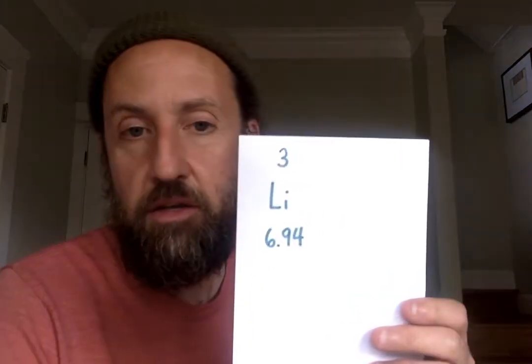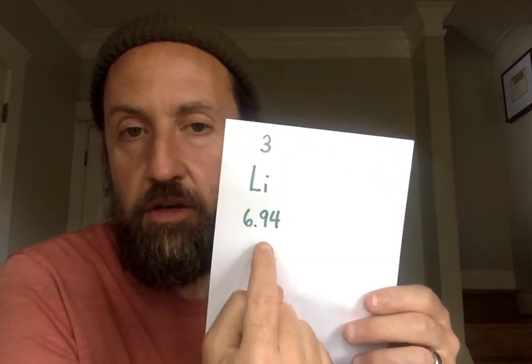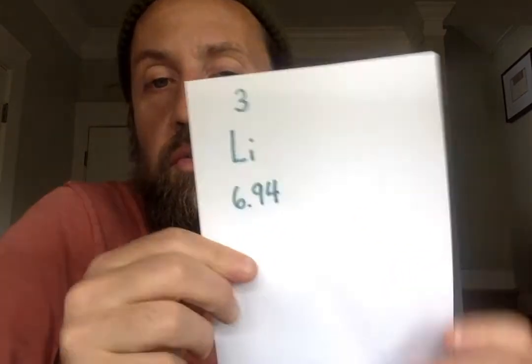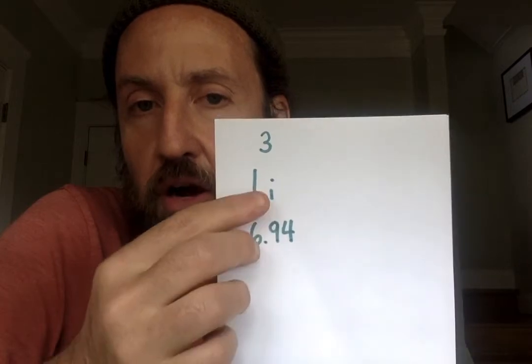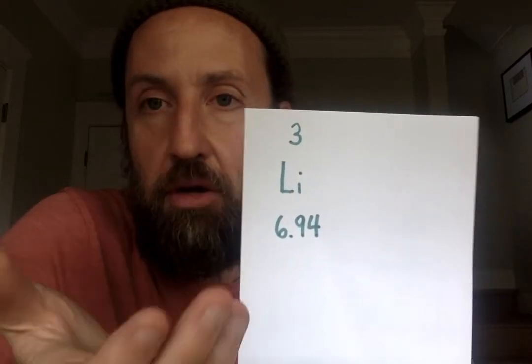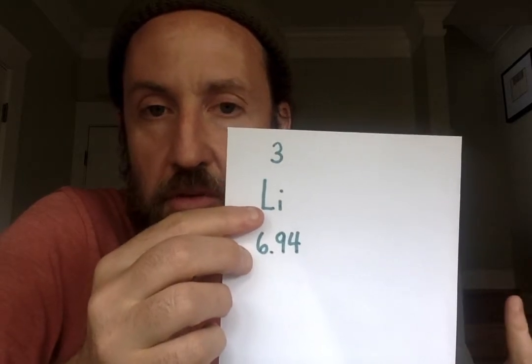So thanks for tuning into the video, and the first thing we'll talk about today is the periodic table and what these numbers mean. So this is the element lithium. And obviously the symbols go for the element, and you can look up what those symbols are.